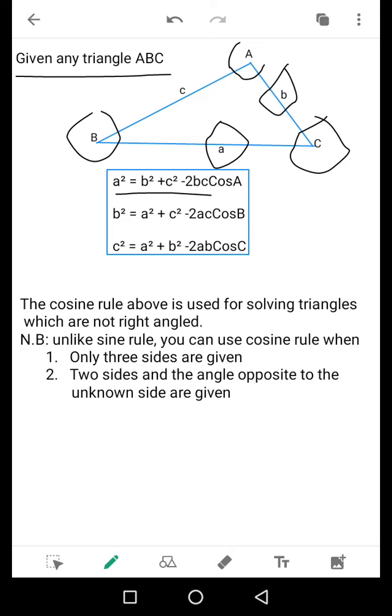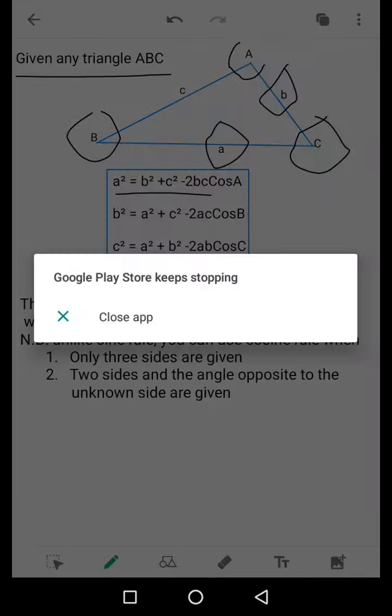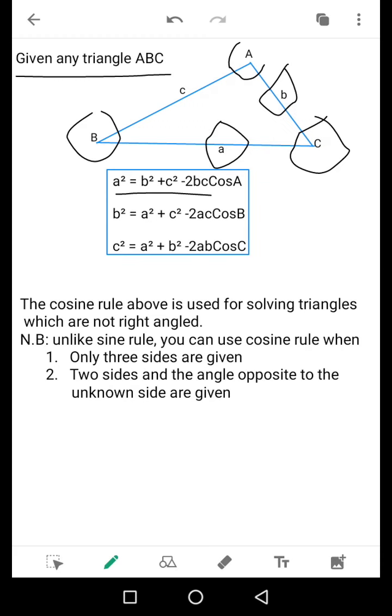Don't forget, if you are given three sides only, then you are good to use cosine rule. Or you may be given two sides, but then the angle opposite to the unknown side must be given also.